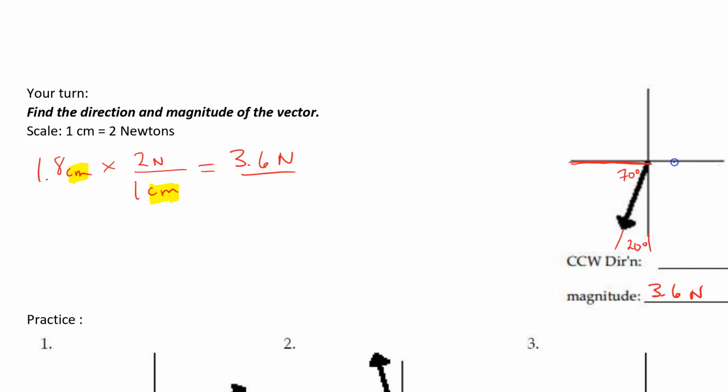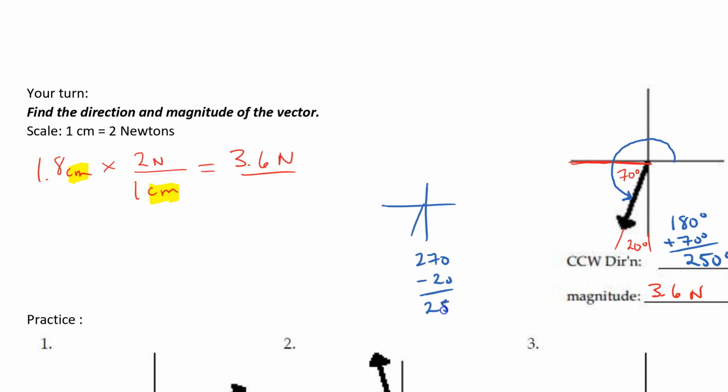If I'm going like this, I'm going to hit 90, I'm going to hit 180, and then I have to do 70 more. So really it's 180 degrees plus 70 degrees, which adds up to 250 degrees. So my right answer would be 250 degrees. Alternatively, you could say this one's down to 70, and I could go back 20, and still get 250 degrees. It's the same answer either way.